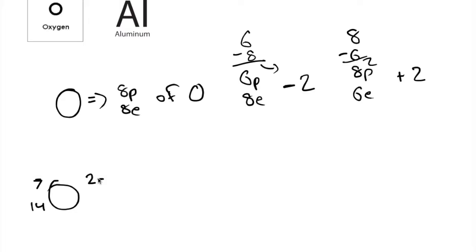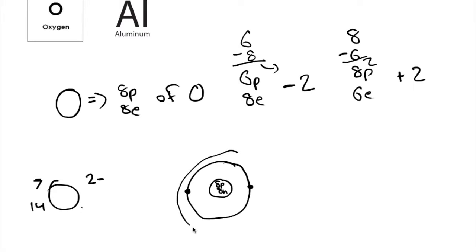To draw it as a Bohr-Rutherford diagram, you'd have to draw the oxygen as a Bohr-Rutherford. So the normal oxygen would be 8 protons and 8 neutrons. In the first electron shell, you'd have 2 electrons, and in the second electron shell, it would be continued with 6 electrons.